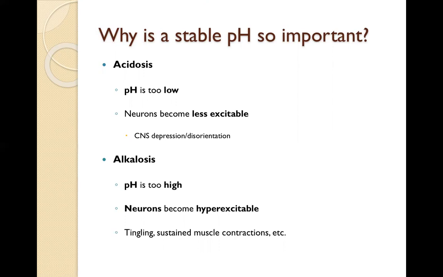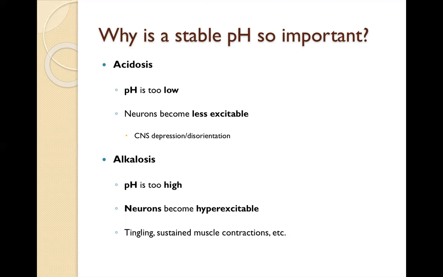The opposite state in the body is alkalosis. And if they're talking about a high pH just in the blood, it's referred to as an alkalemia. Again, for our purposes, both of those things are the exact same. We can use them interchangeably. In this state, you actually get the opposite.